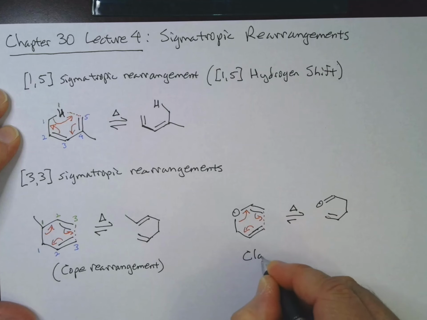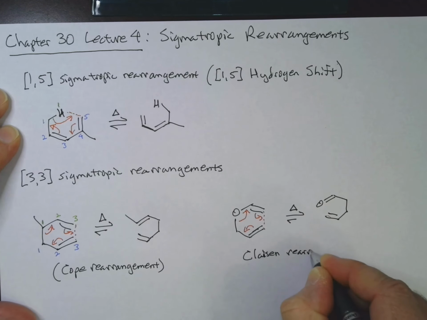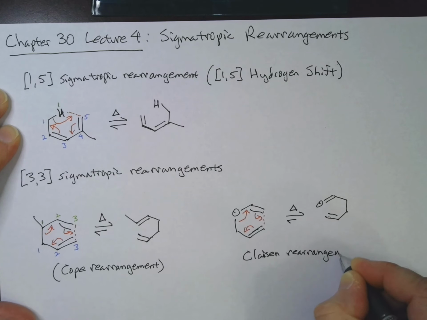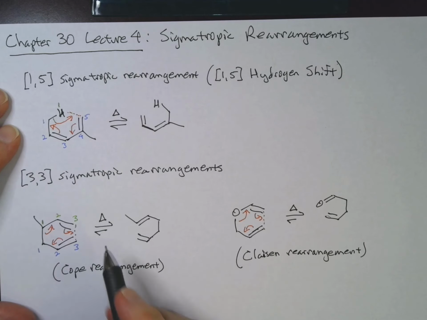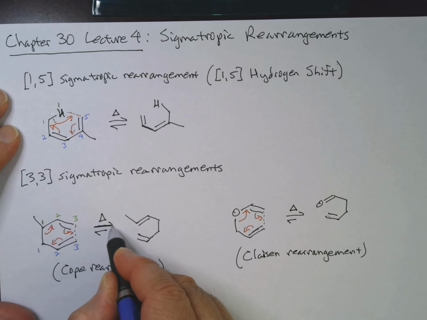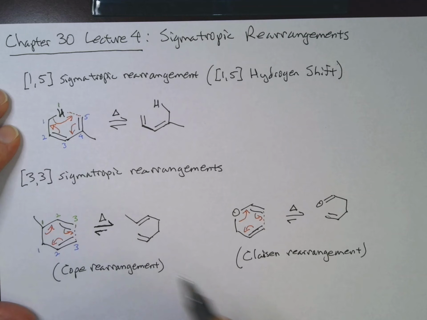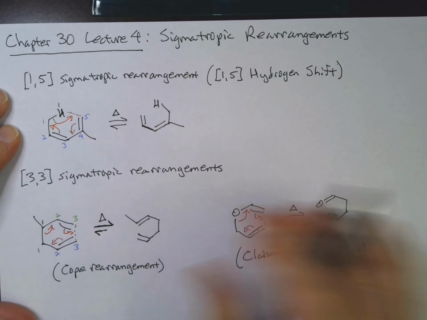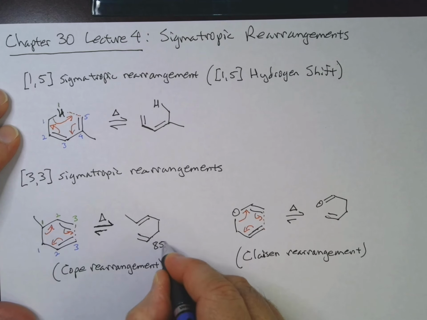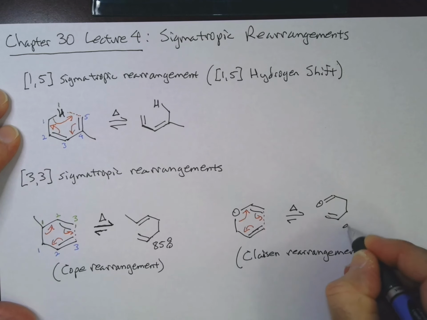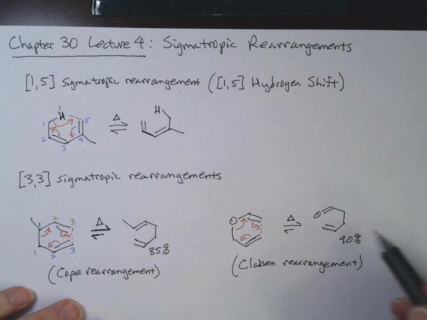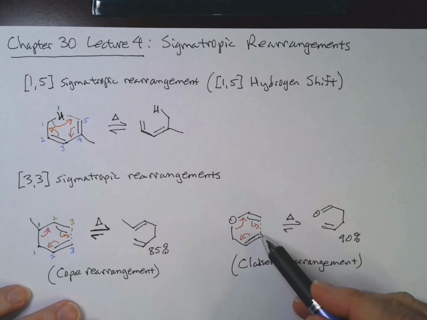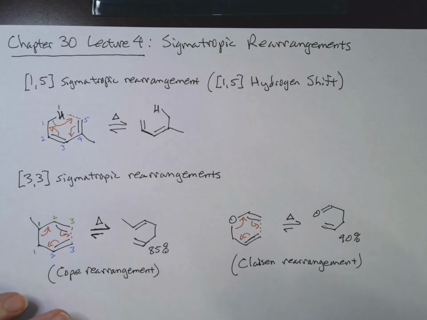This is called a Claisen rearrangement. Now notice that I tried to draw my equilibrium arrows uneven here. The product in both of these is more favored. So you get about 85% product in the Cope and 90% product, versus 10% reactant here in the Claisen.